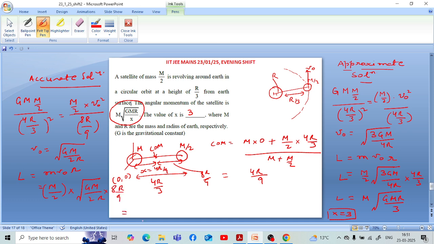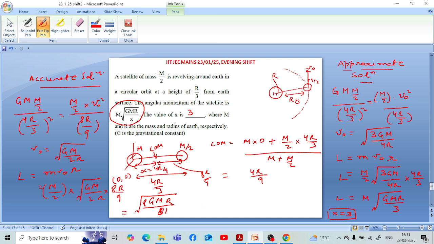So after solving this completely, we get the result as equal to square root of 8 GMR upon 81.